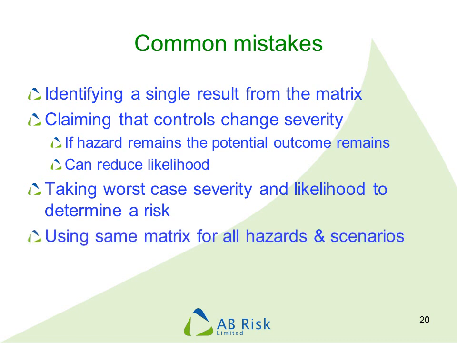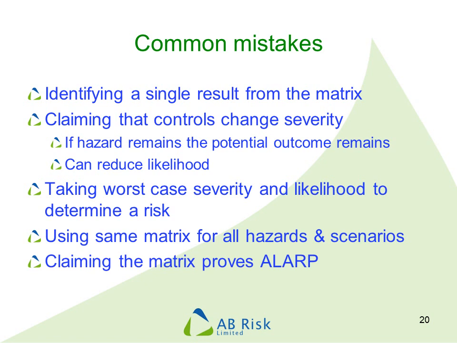Trying to use the same matrix for all hazards and scenarios, I don't think one size fits all, although a lot of companies try to do that. Bold claims that the matrix proves that risks are ALARP. They don't. The matrix is just a tool in a wider process that may well demonstrate ALARP. And arguably, worst case, is that we don't do anything with the results. We do an assessment, and nothing happens as a result of it, which is a big shame.